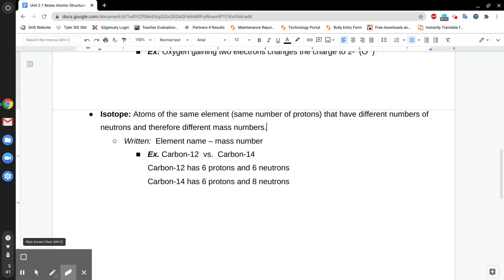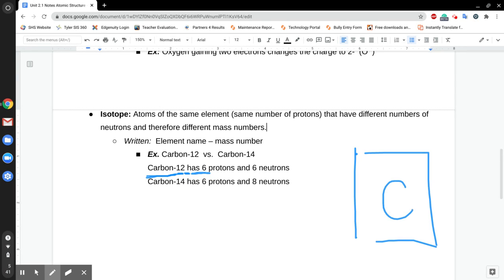Carbon 12 has 6 protons. How do we know it has 6 protons? We can look up at the periodic table and see there's carbon, and the whole number is a 6. Because its atomic number is 6, carbon has 6 protons. Now, when it's carbon 12, the 12 is the mass number at the end.